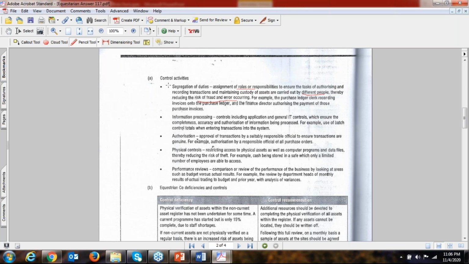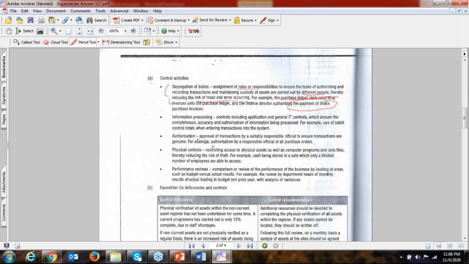So what is the definition of segregation of duty? Where does it help us? And third, you need to mention the control. The purchase ledger clerk recording the invoices onto the purchase ledger and the finance director authorizing the payment of these purchase invoices. So this is all about the segregation of duties.